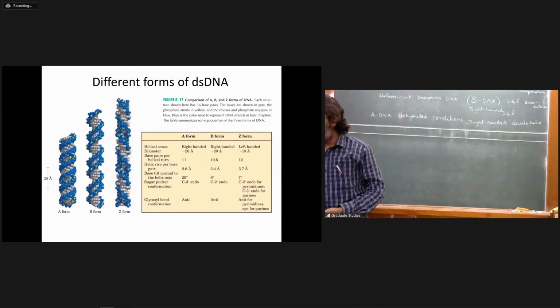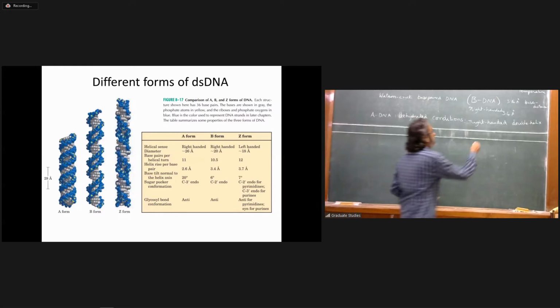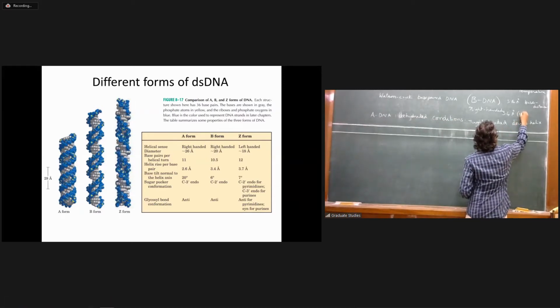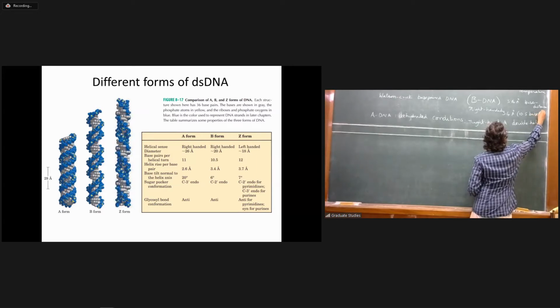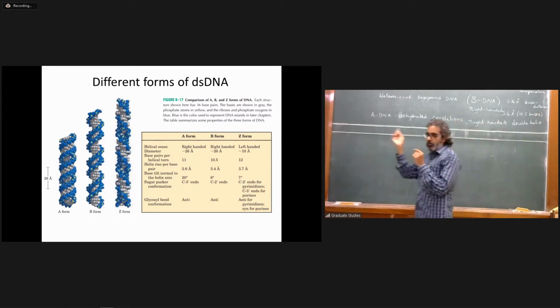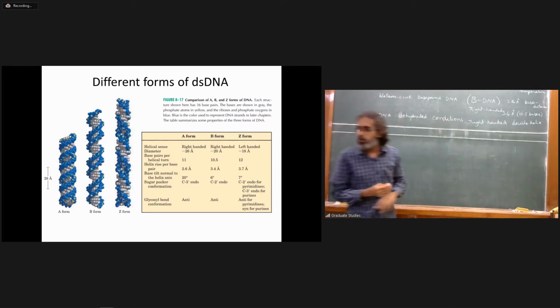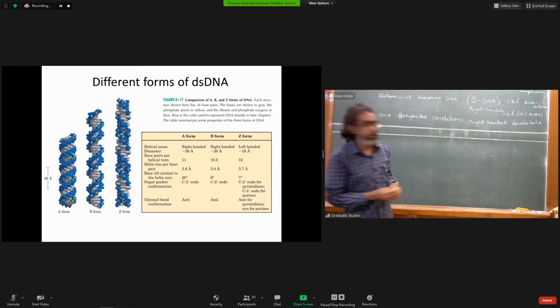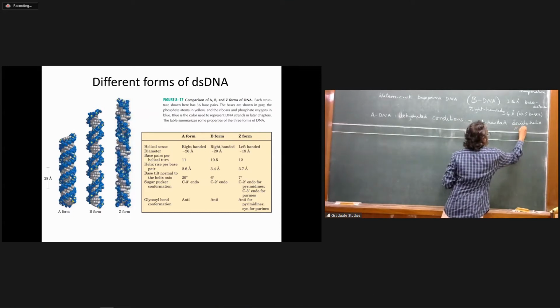So 10.5 bases complete one turn in B, but in the A case it's about 11. So the number is very close.